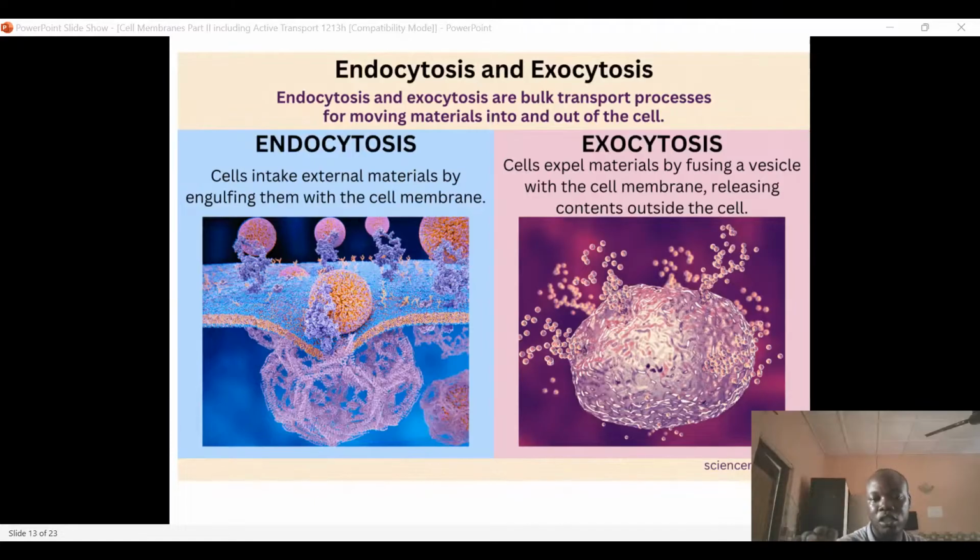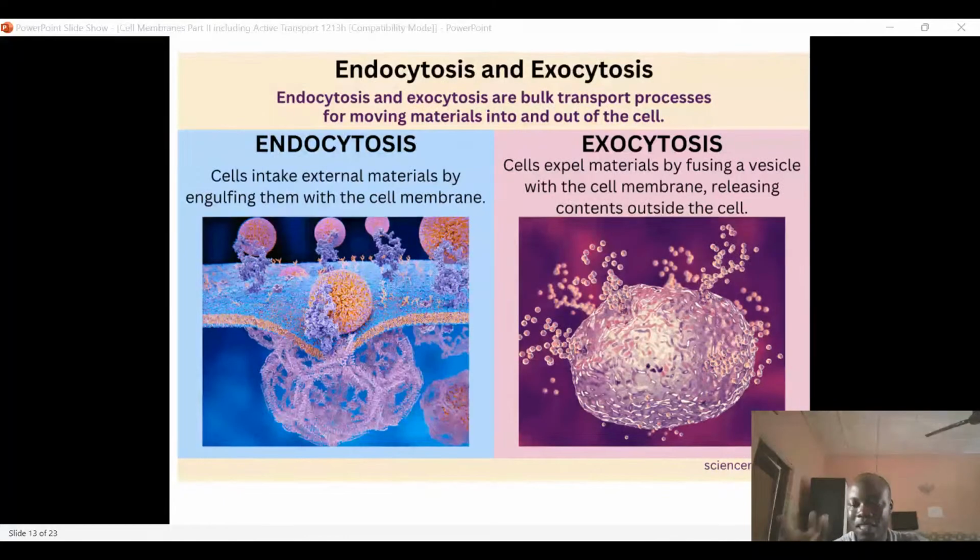In the case of exocytosis, the cell expels material by fusing a vesicle. A vesicle is like a machine found on the cell membrane. The vesicle will fuse with the materials and then expel them by releasing the content outside the cell.